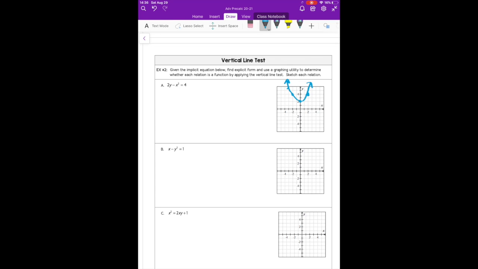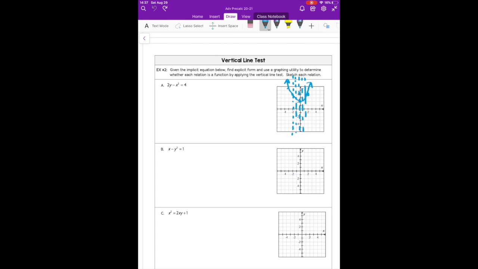So vertical line test, imagine, this is usually easier done face to face. Imagine a pencil, the thinnest piece of floss you ever could imagine, and it's going straight up and down. So vertical, hence vertical line test. Now imagine moving it over and over.